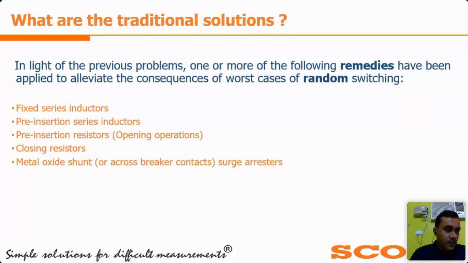These were fixed series inductors, pre-insertion series inductors, pre-insertion resistors in opening operation in line breakers, closing resistors, and the last one was metal oxide shunt surge arresters. These were the traditional solutions which we provided in the past. But nowadays, in place of all these, we use CSD.